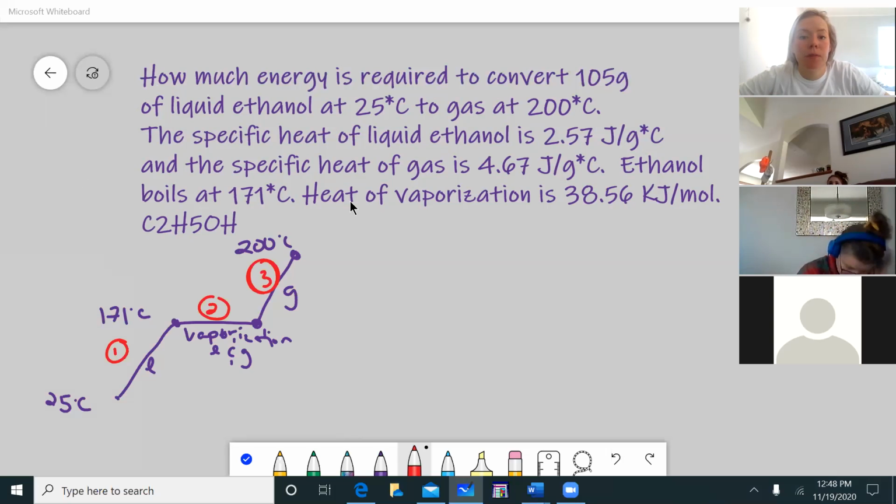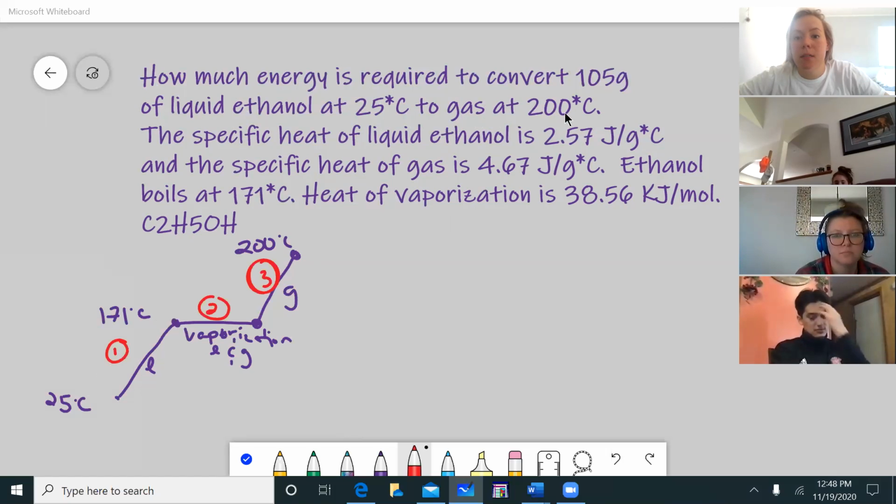All right, so with this problem, I would recommend drawing a heating curve just to organize the information. We have liquid ethanol at 25 degrees Celsius, and we want to raise it to a gaseous 200 degrees Celsius. So I start in my liquid phase at 25 degrees Celsius.